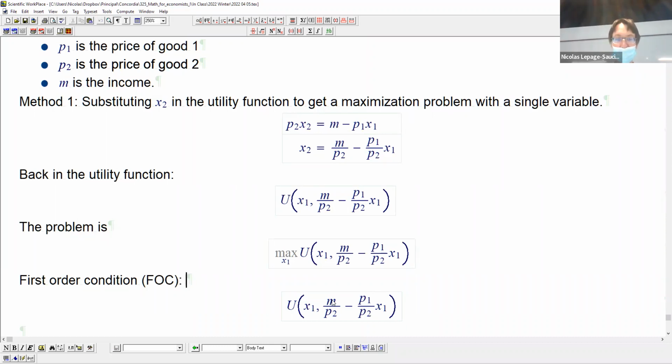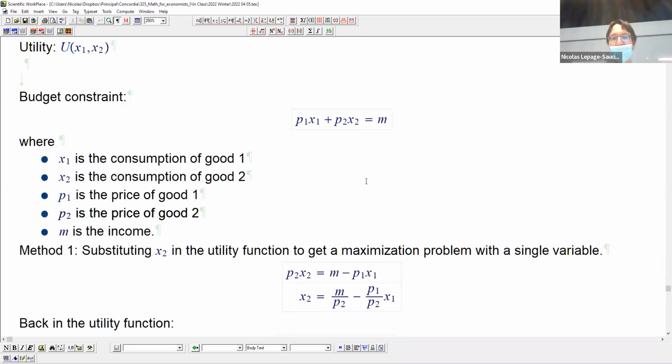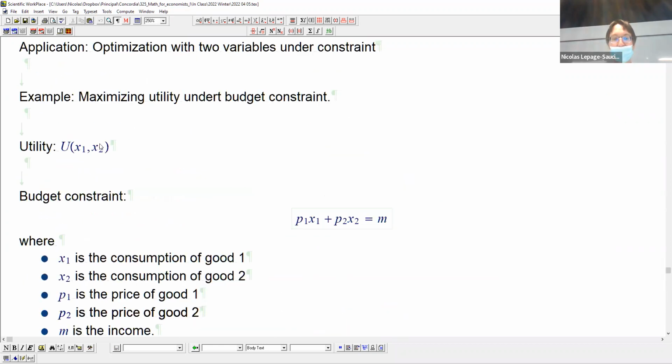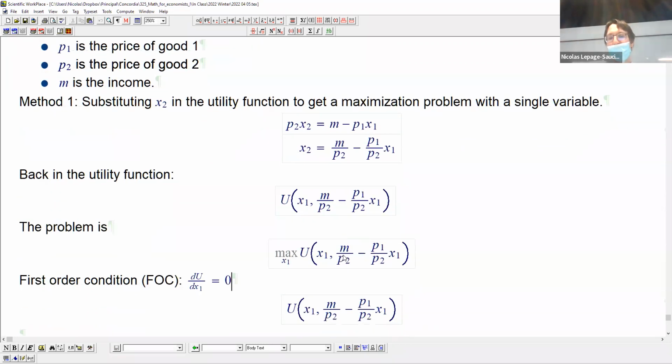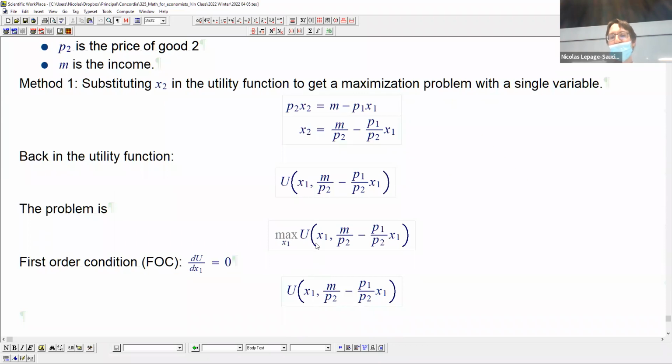I'm just going to write what we want to do. So it's x1. And so what does that mean when I replace x2 by this? Essentially, that's embodying in my problem the fact that I have two things to worry about.